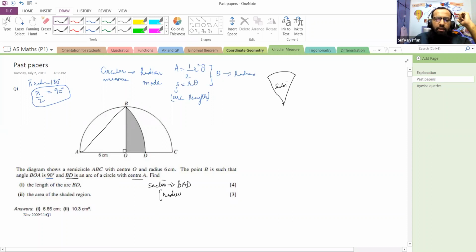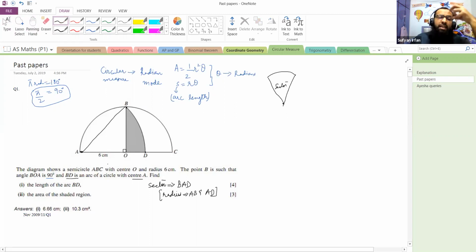The radius of the sector: AB is a radius and AD is also a radius, because a radius is any line from the center to the arc. So from A to B or from A to D is the radius. This means that if we have to find the area of the sector or the arc length of the sector, we need to find its radius, which is AB or AD.